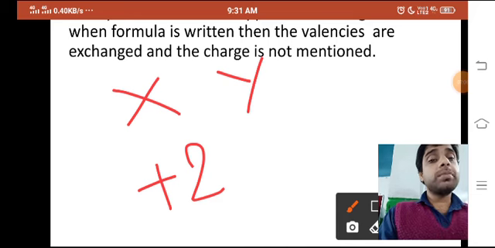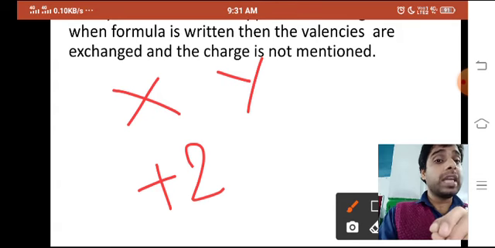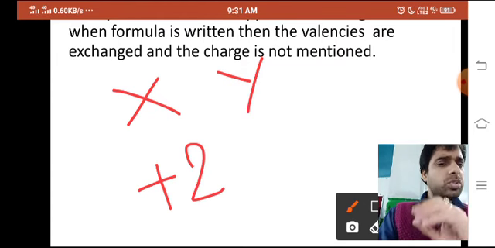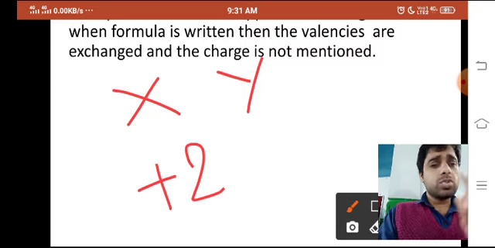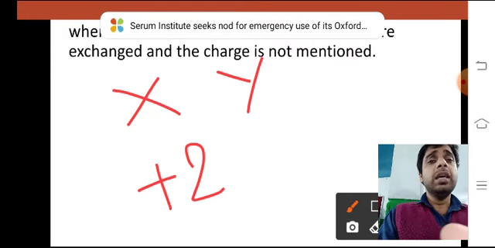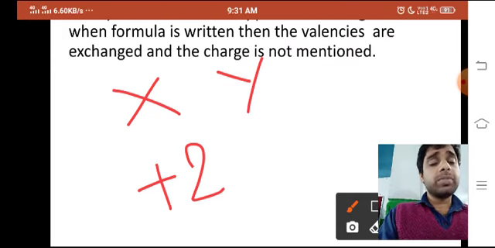If there is +2 and -2, they would cancel out, so I have to take a different example to show the crisscross method. So here I will write -1.